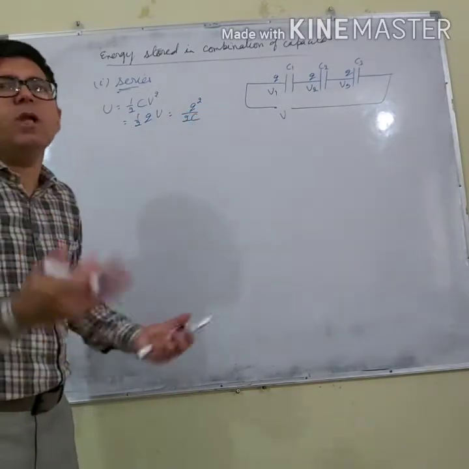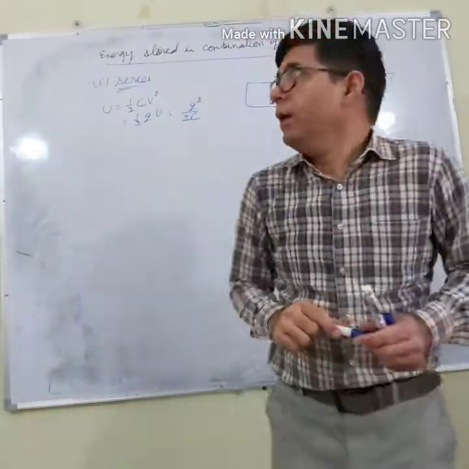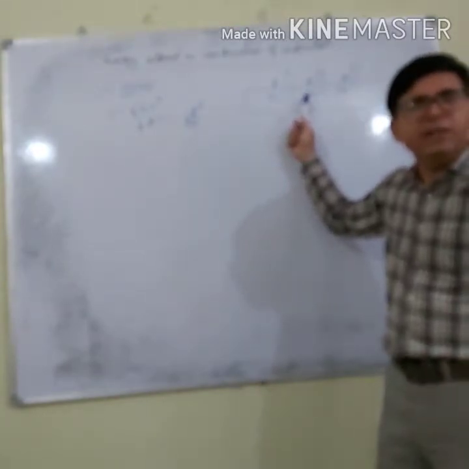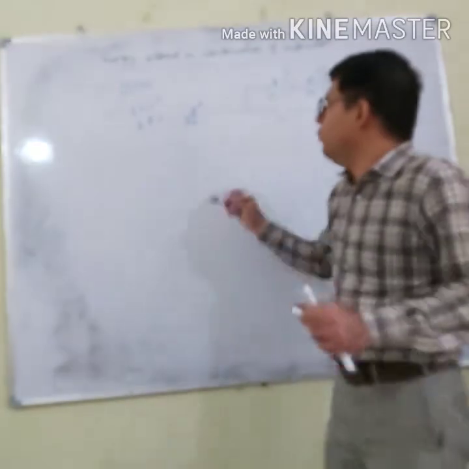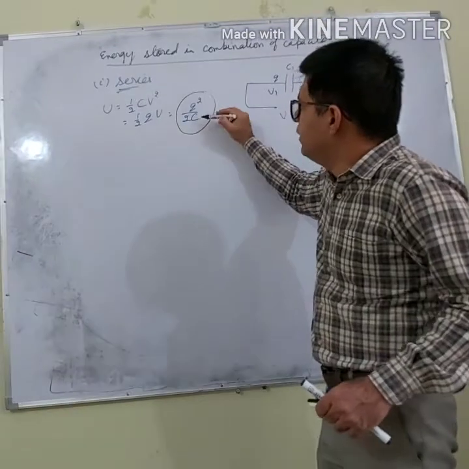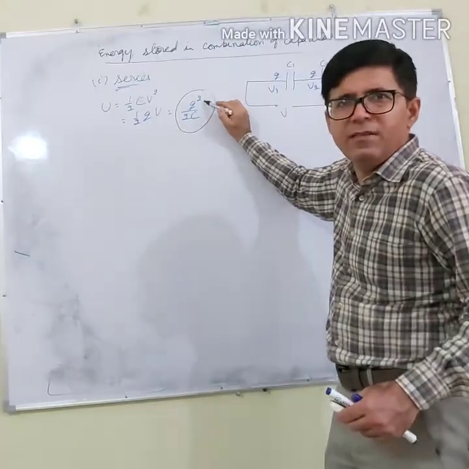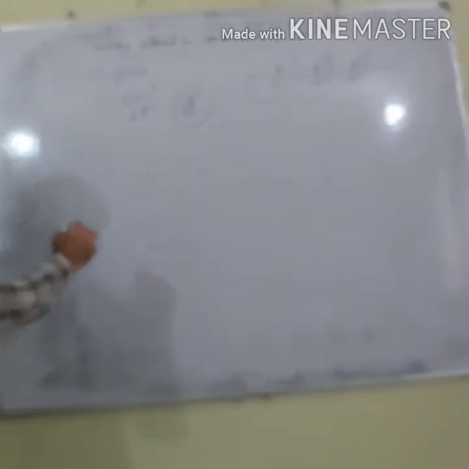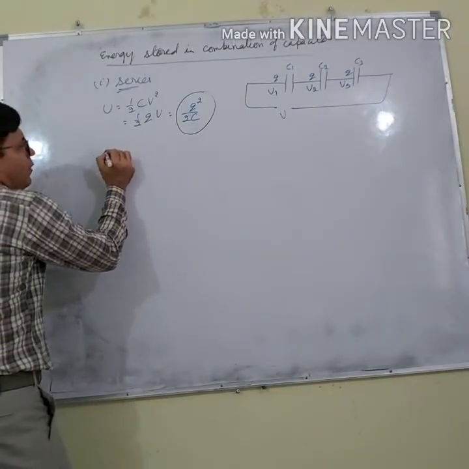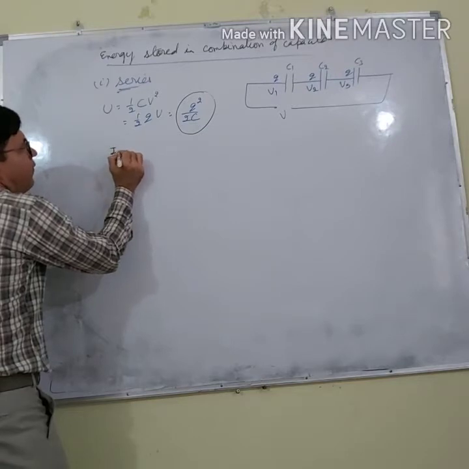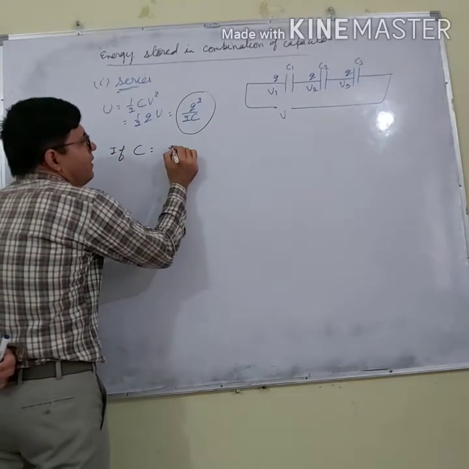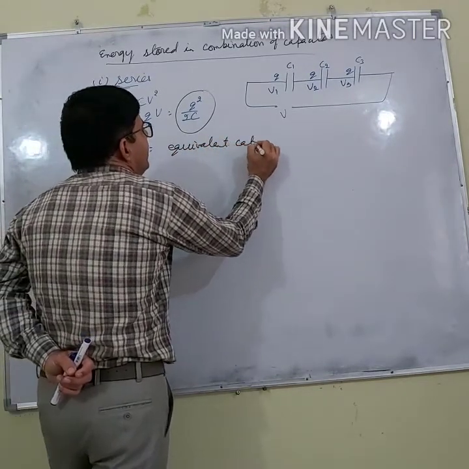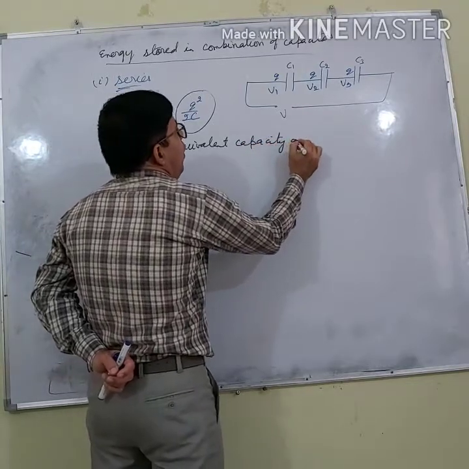My question is, which formula will you apply? Look, here it is series combination. In series combination, what remains the same? The charge remains the same. So I will apply this formula because in this formula the charge is the same. So I can use this formula. So what happens? Okay. So if C is the equivalent capacity of the combination.